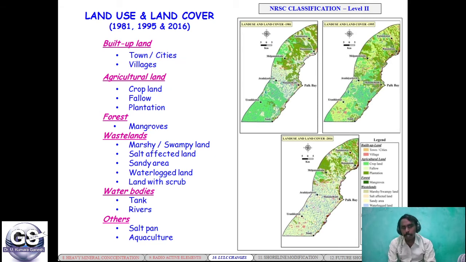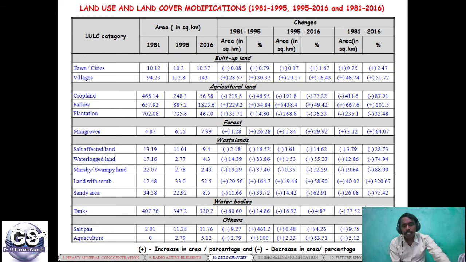The prepared maps show that in all three maps, the major part of the area was covered by agricultural land. Further, to understand the changes in these land use land cover features, an integrated analysis was attempted.